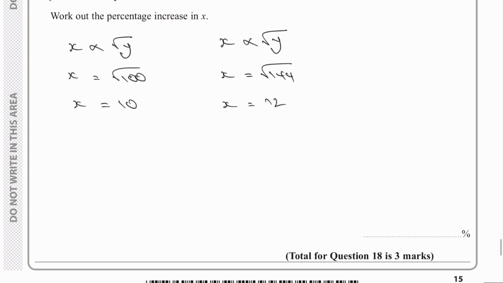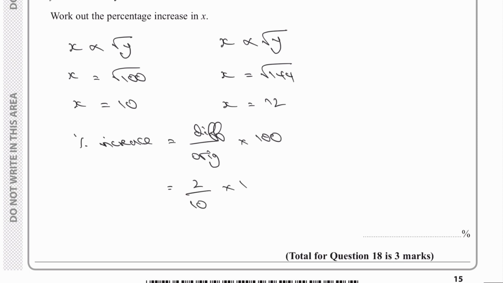So if I write percentage increase, and again please do always write these formulas down, difference divided by original multiplied by 100, so the difference is going to be 12 take away 10, which is 2, divided by the original of 10, multiplied by 100, and when you calculate that, it's all going to work out at 20%, and that would be the answer to question number 18.